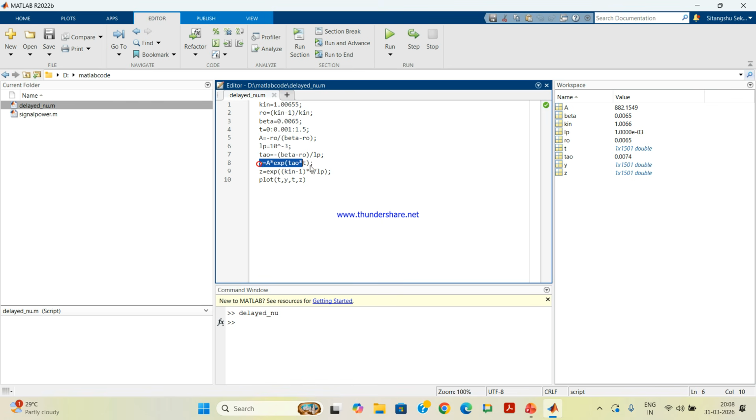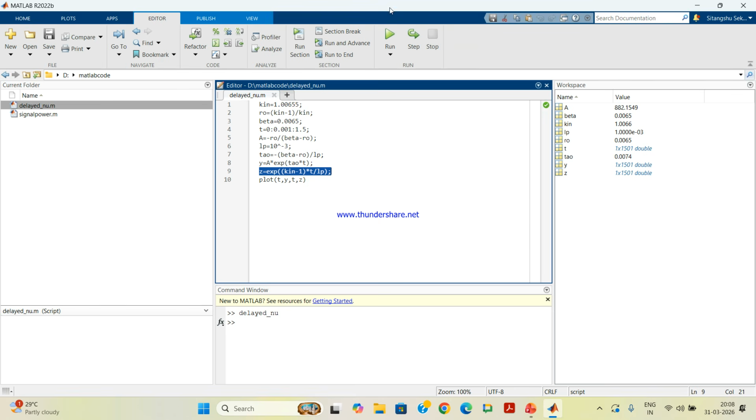And this Y is basically the instantaneous neutron multiplication factor when we considered the effect of delayed neutrons. And this Z function is the instantaneous neutron multiplication factor when delayed neutrons are not considered. We considered all the neutrons inside the reactor as prompt neutrons.